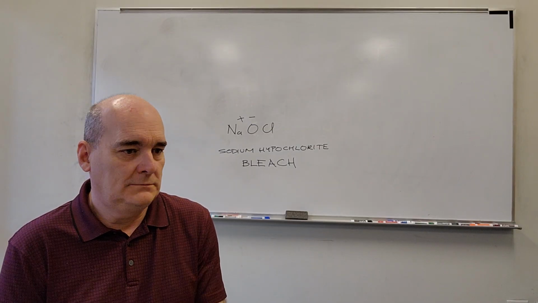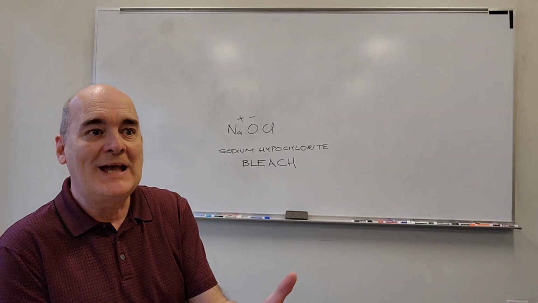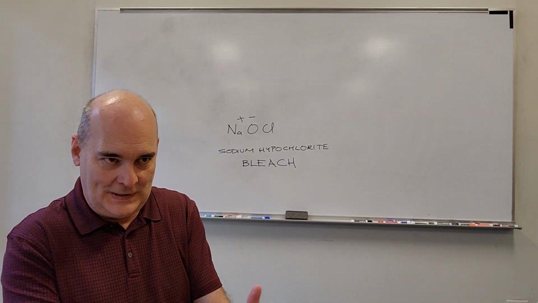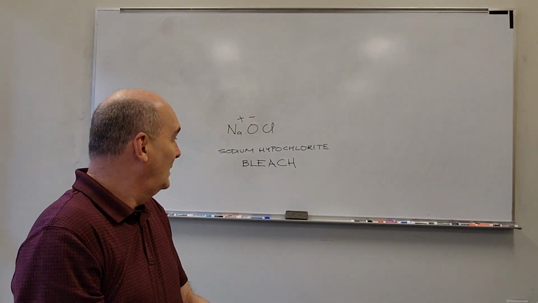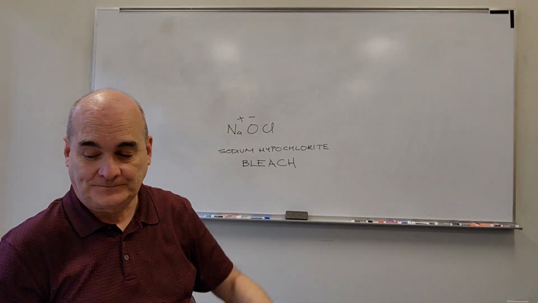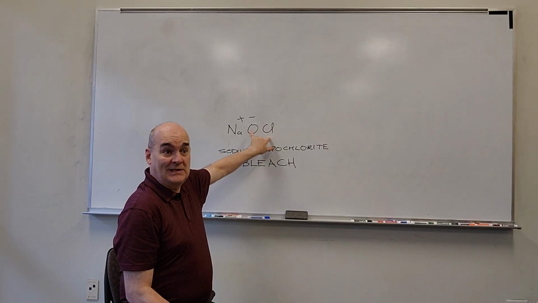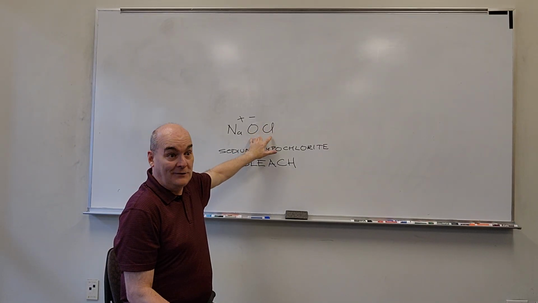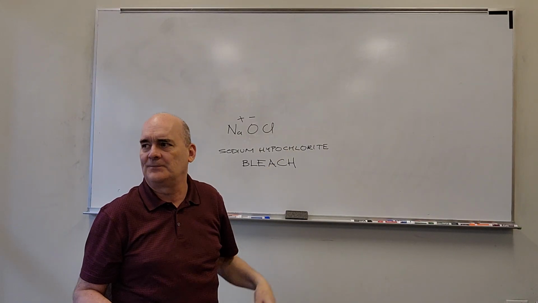Ozone has lots of oxygen, and it has a loose oxygen that wants to find electrons to play with. Kind of the same thing here. This would rather not be an oxygen and a chlorine stuck together. This would rather be a chlorine and a chlorine and an oxygen, and they'll find a way to do something else.